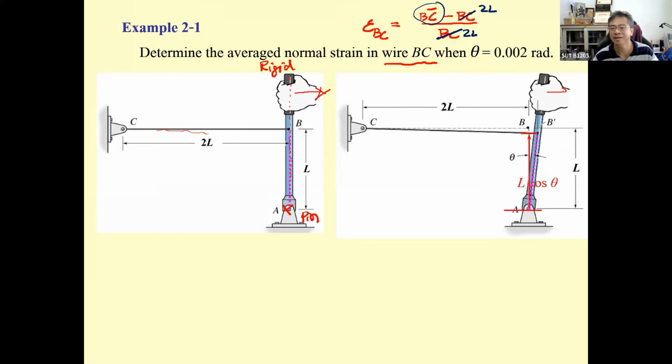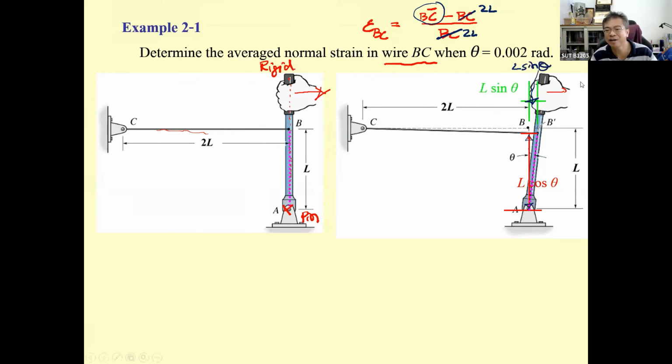What happened is the length over here is L. When you rotate it, the dashed pink line is going to be L. And if this is theta, the length measured in the vertical is going to be L cosine theta, and over here it's going to be L sine theta.